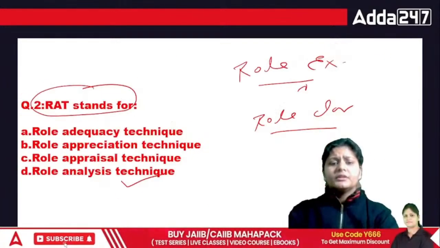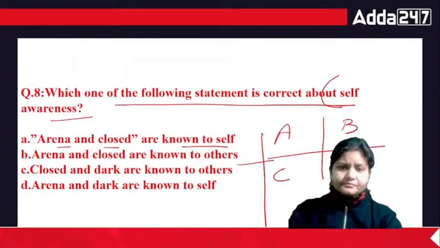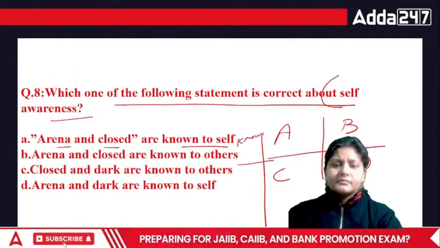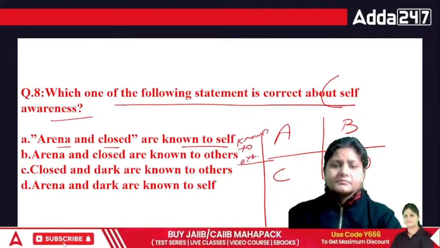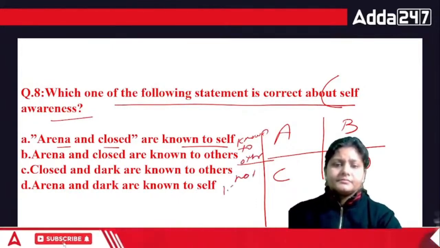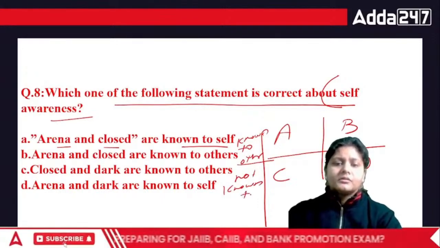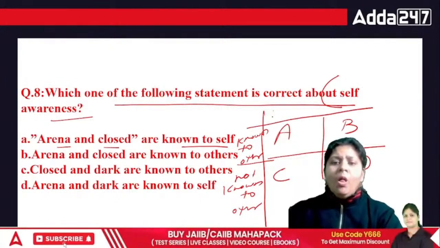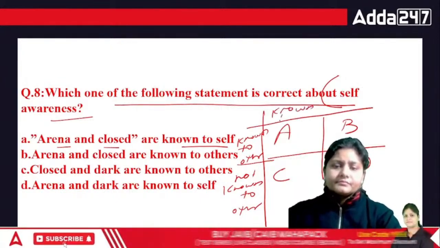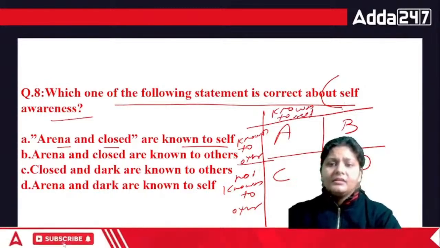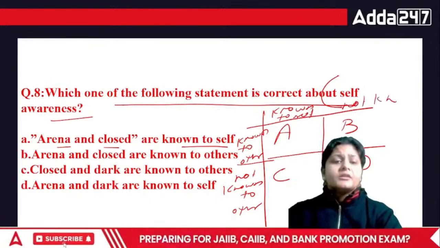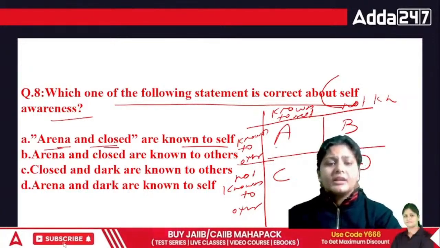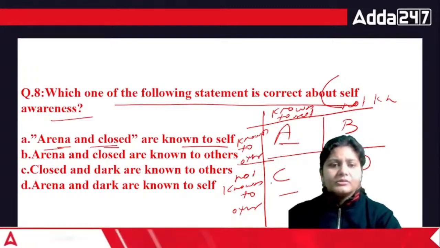This area is known to others and not known to others. This area is known to self and not known to self. Okay, so here we are talking about arena and closed that are known to self. Arena and closed, yes, that are known to self.